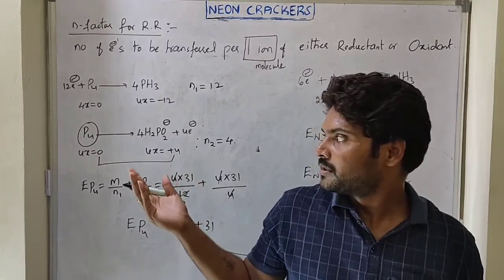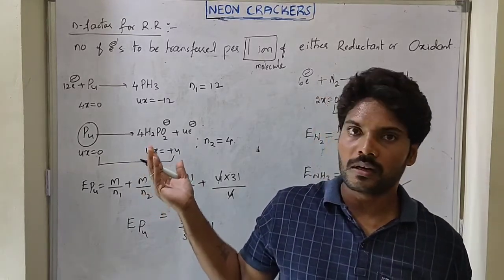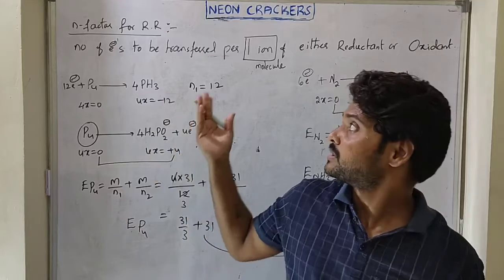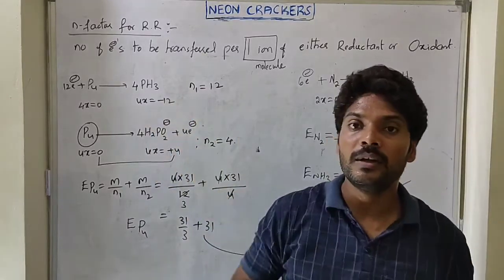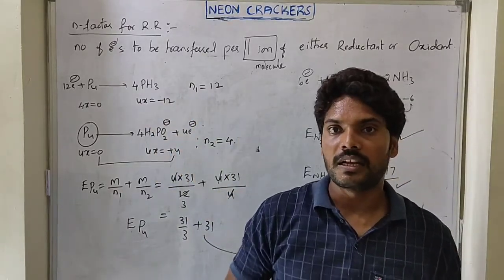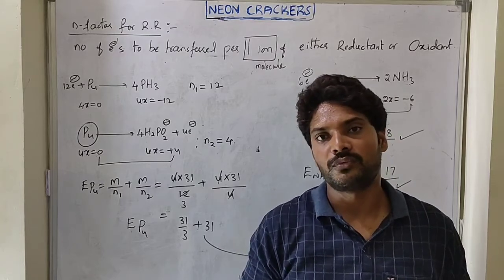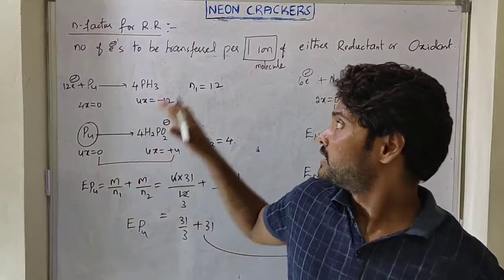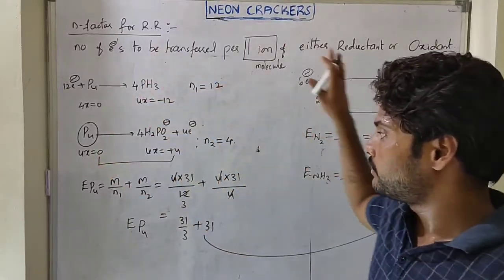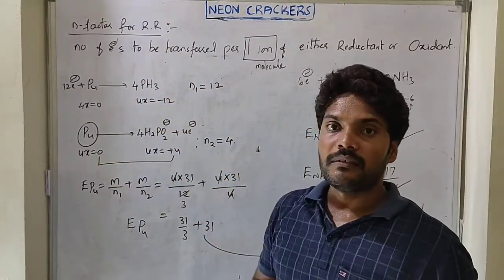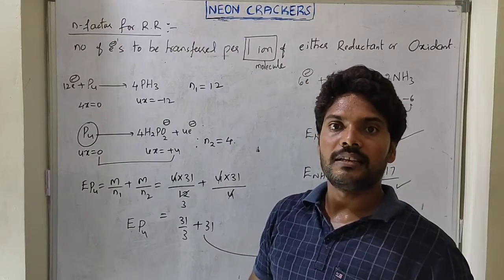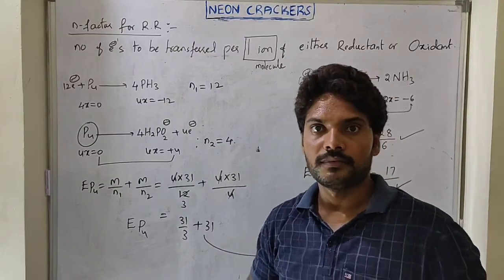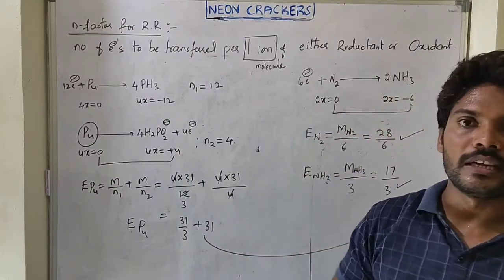If they mention the molar mass in the equation or in the question, or else in simple equations, you must know the molar mass of common substances like P4, NaOH, H2SO4. Likewise, we have to find the equivalent weight for a given reductant or oxidant in a redox reaction, and this is about how to find the equivalent weight.